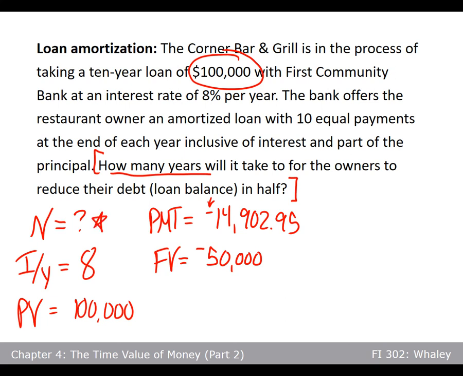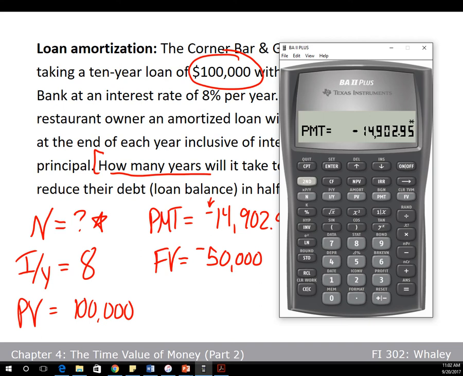So let's pull up our calculator and plug it in. Your payment's already locked in from before, about $14,000. Your interest rate is the same as before. Your present value is the same as before. So what's changed? Your future value. Here I'm going to put negative $50,000 for the future value, again because that 50 grand is owed to the bank.